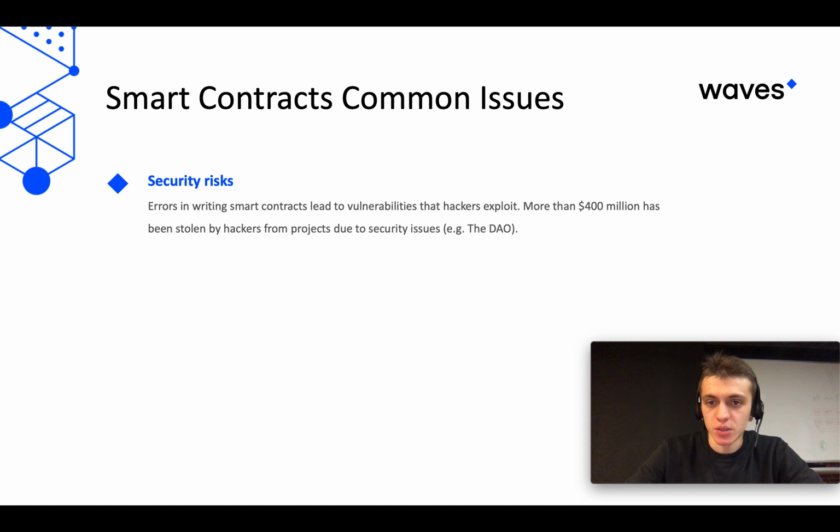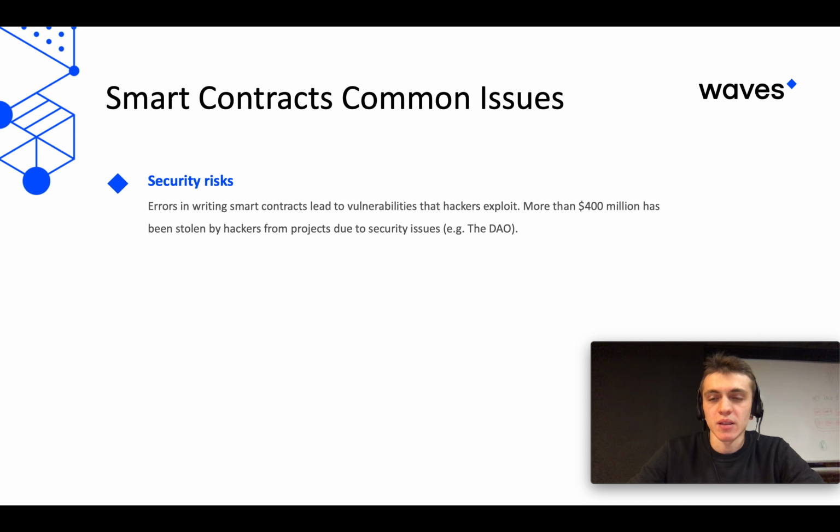For example, security risks. In the last year, errors in writing smart contracts led to vulnerabilities, and hackers exploited them, and more than $400 million has been stolen. The biggest fail, as far as I remember, is the DAO in the Ethereum network.